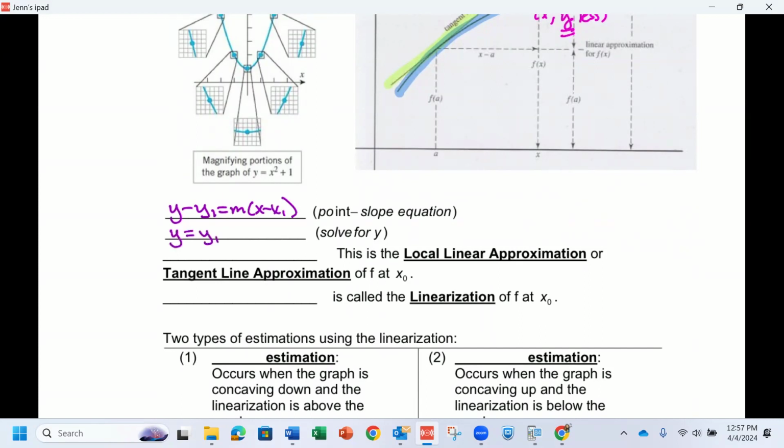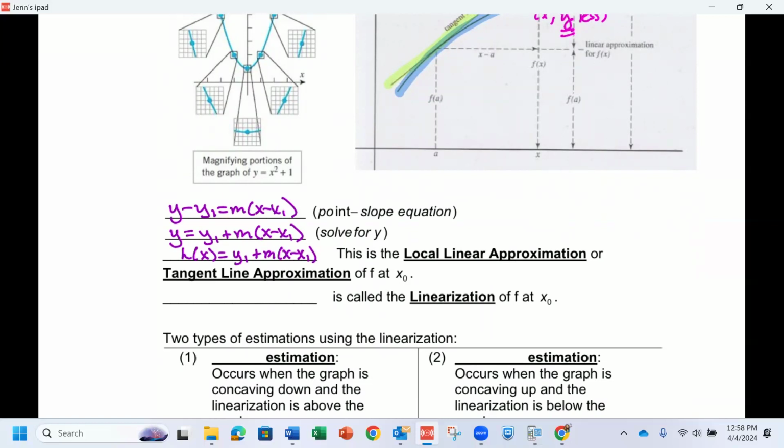So y is equal to y sub 1 plus m times x minus x sub 1. So when we actually write L of x, we're talking about the linearization. So we know that the linearization is going to be y sub 1 plus m times x minus x sub 1.